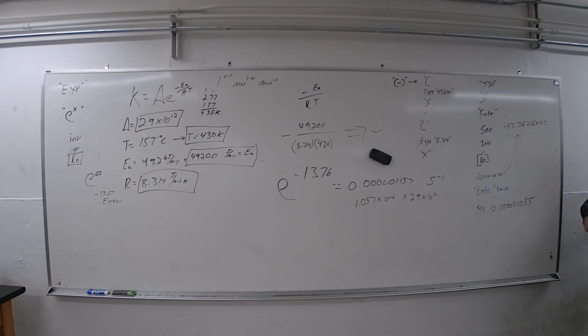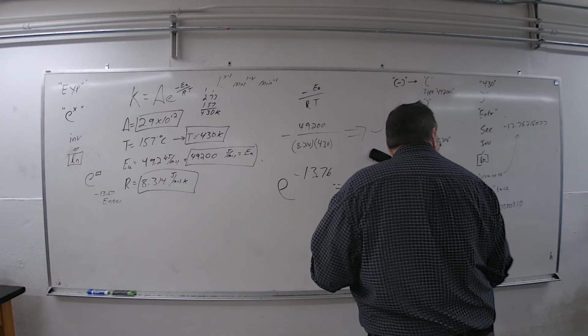Negative. Open parentheses. Just put it in. Negative 13.8. Negative 13.8. So if you round it properly, you get this.